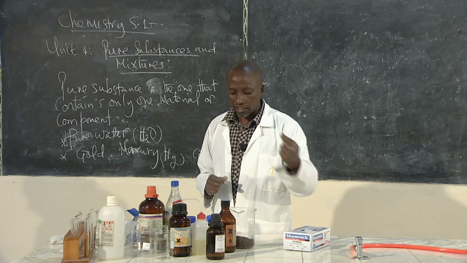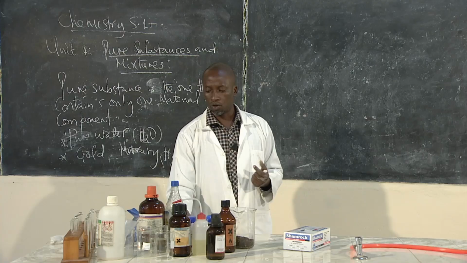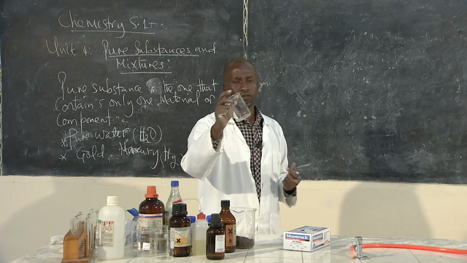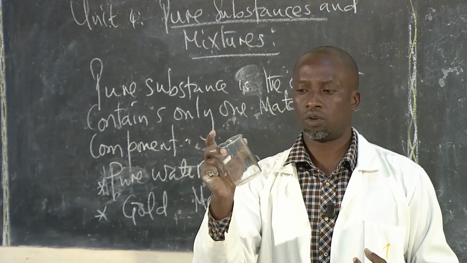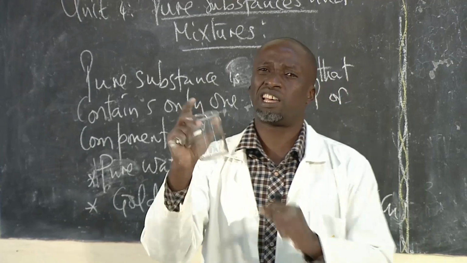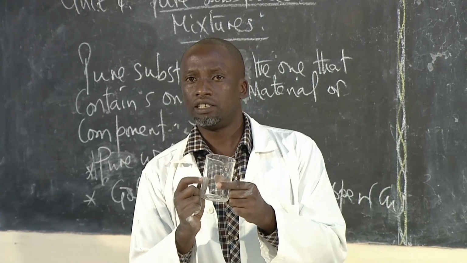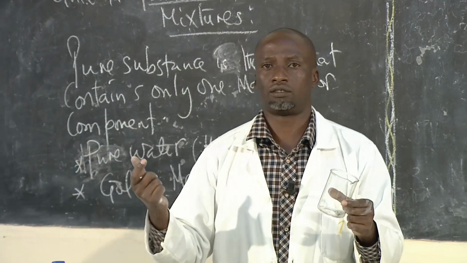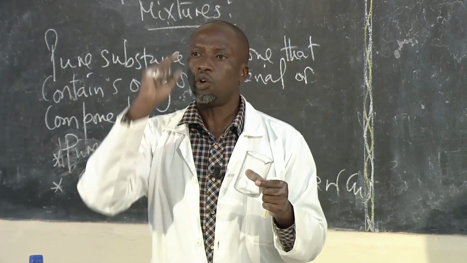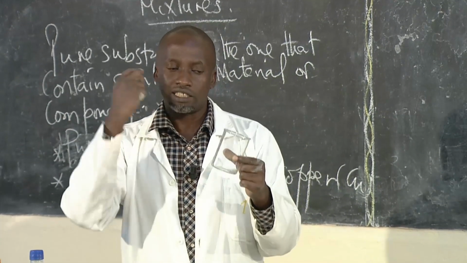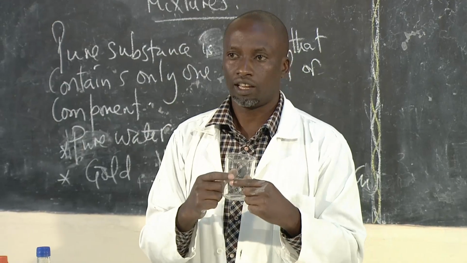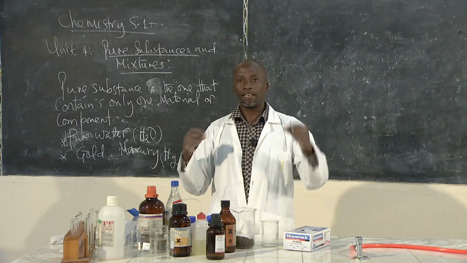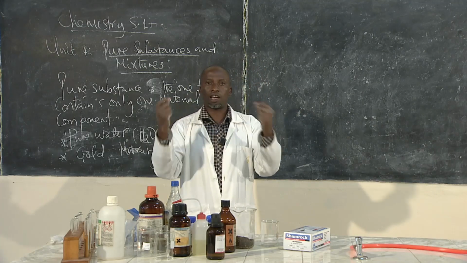But when you look at them physically, for example, if I look at this beaker, I can't easily tell whether this beaker is a pure substance. The only way to tell that this is a pure substance is by determining some characteristics.